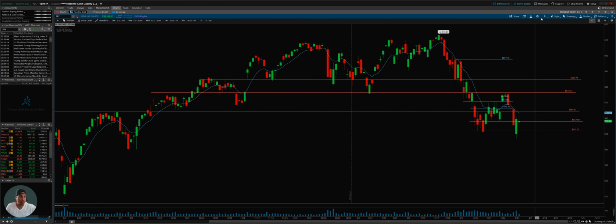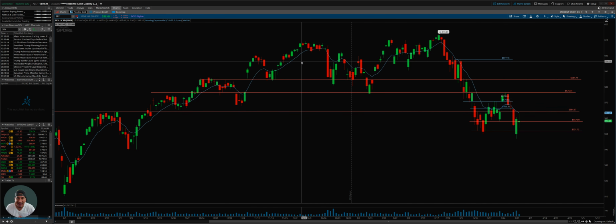So we're looking at the daily chart, all right, and you can see this blue line going across all these candlesticks. I'm looking right now at the 9 EMA, right?